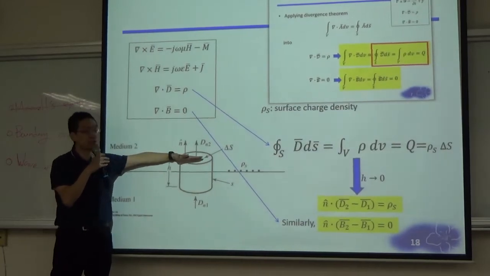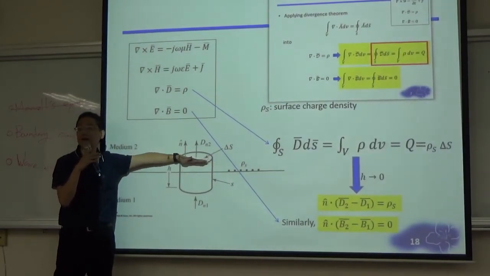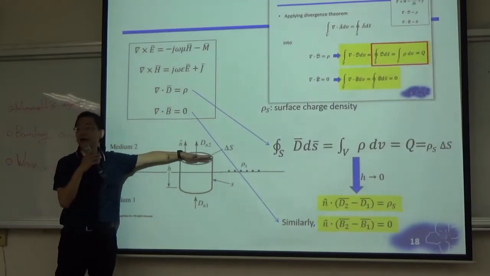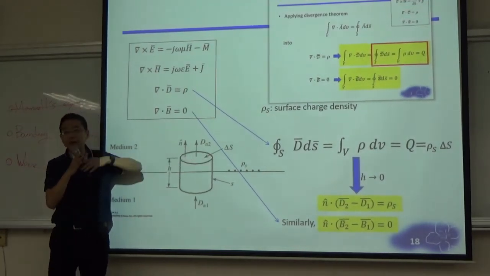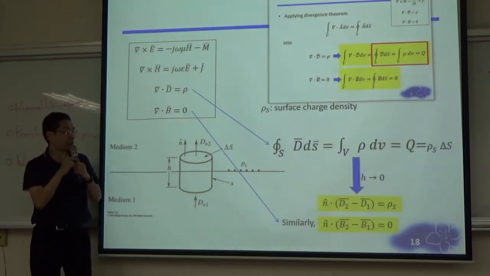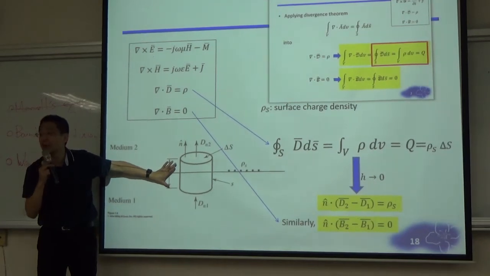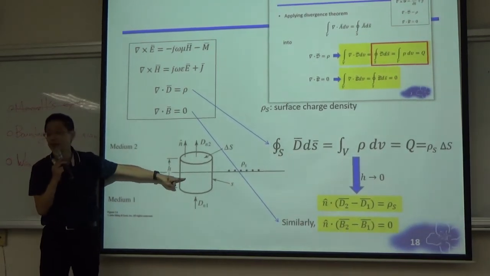The top surface is in the second medium, okay? And we also make the height of this cylinder, h, very small. We make this very small. Do you know a cylinder, right? This shape.